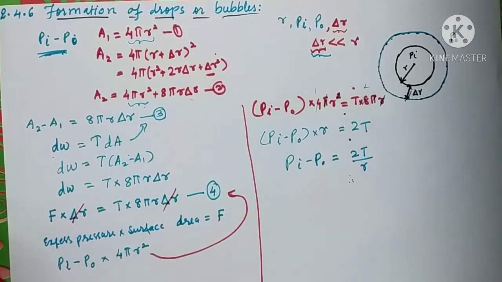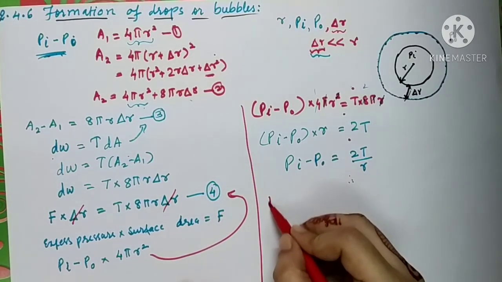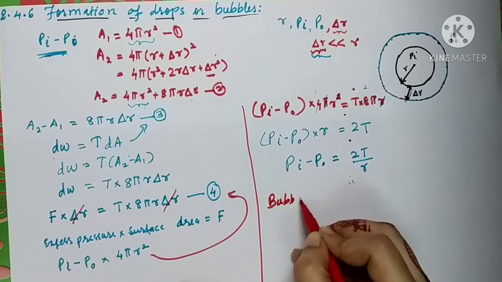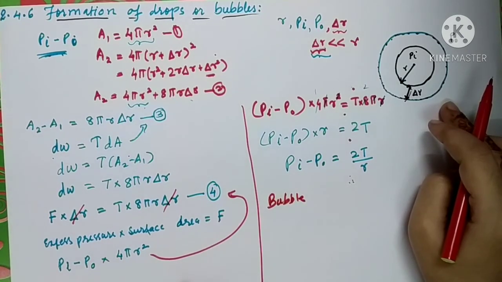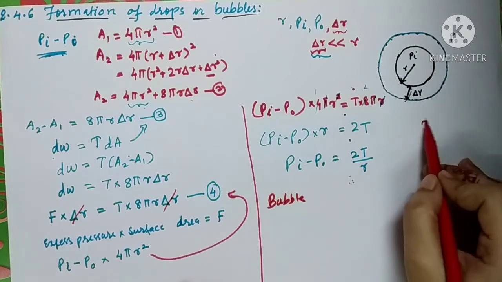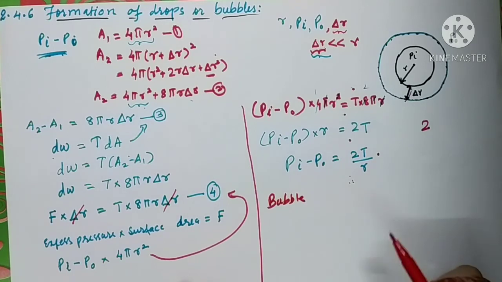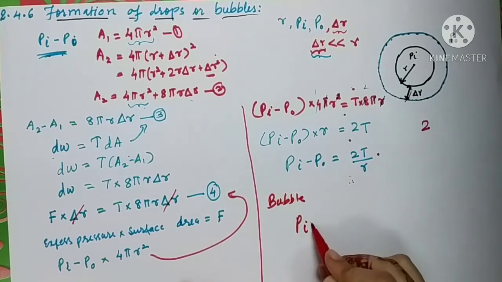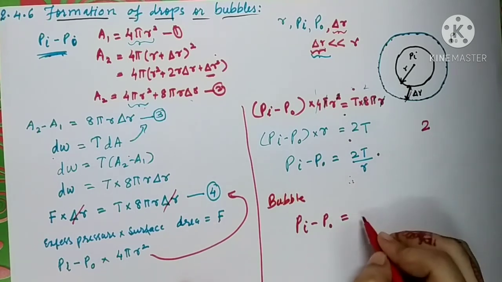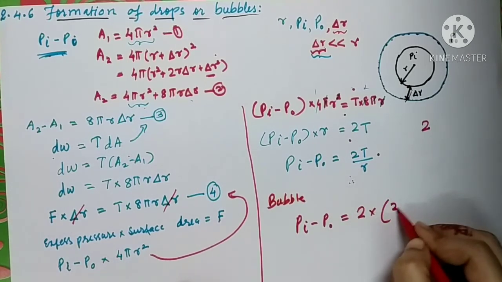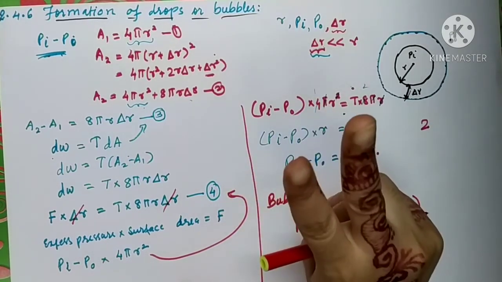Suppose instead of a liquid drop we are having a soap bubble. If there is a bubble, then what we'll have to do? We all know that bubble is always going to have two surfaces of a liquid. So you just need to multiply this equation with 2. At that time, excess pressure inside a liquid soap bubble will be equal to 2 into 2T upon R, because there will be an increment of two surfaces.